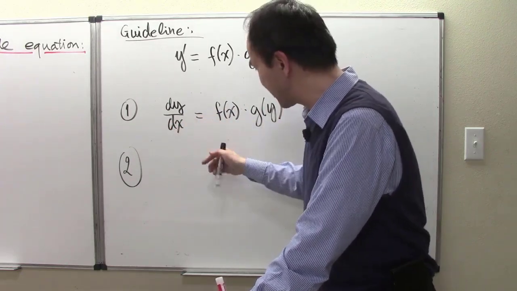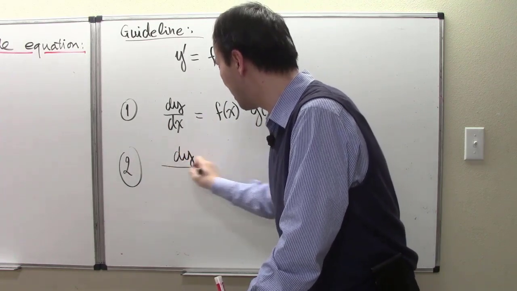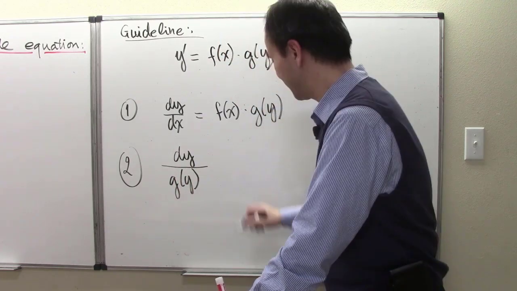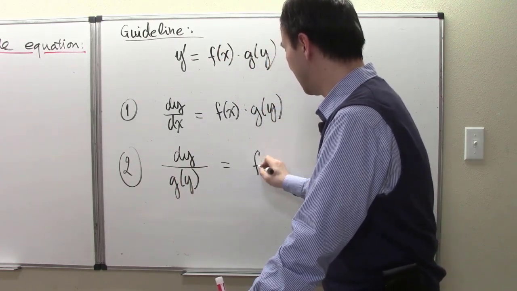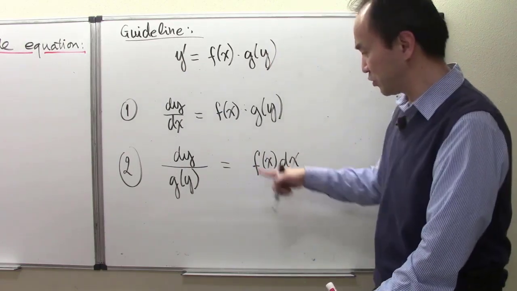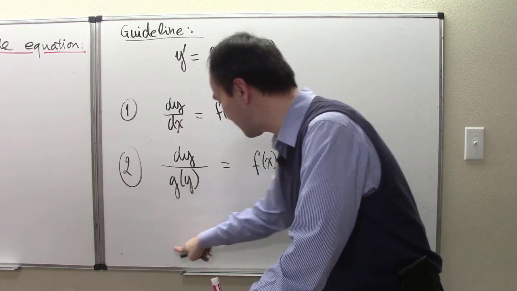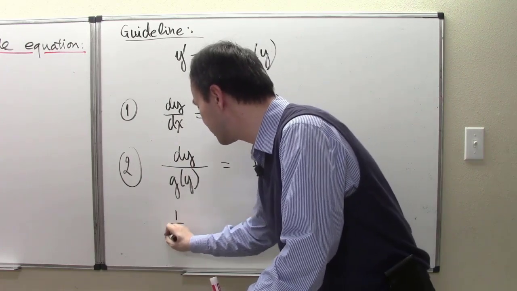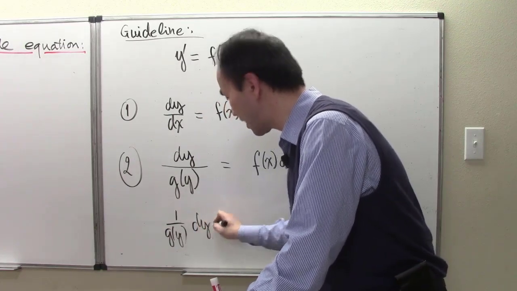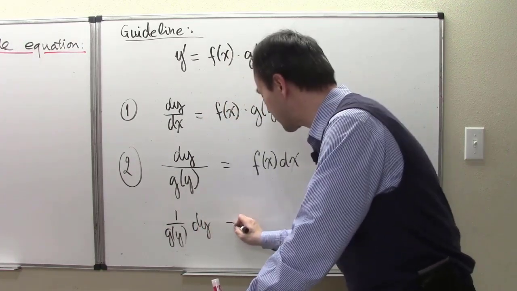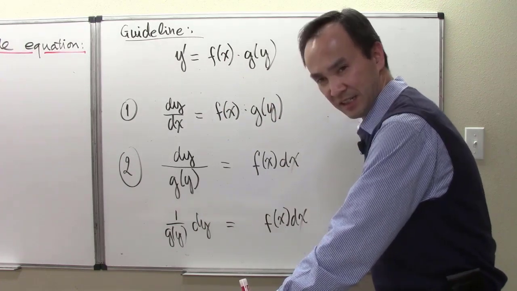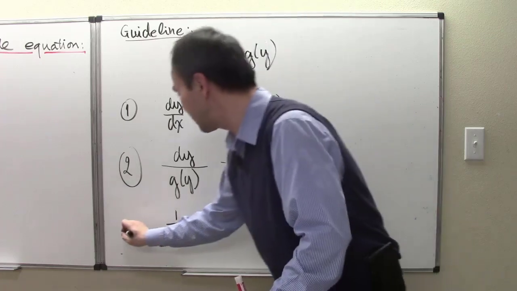So I'm going to rearrange that as dy over g of y equals f of x times dx. To make it clear, on the left hand side it is precisely 1 over g of y, basically another function of y, multiplied with the differential dy, and the right hand side comes out being f of x multiplied with the differential dx. And so at this point, that gives us our next step.